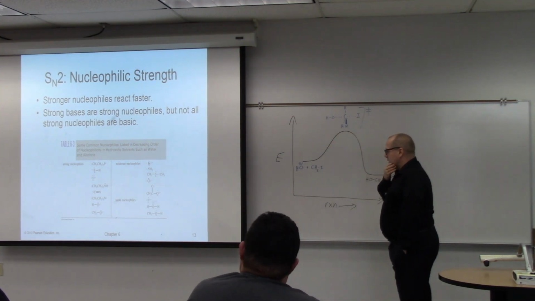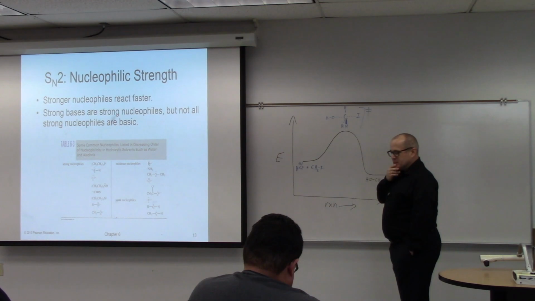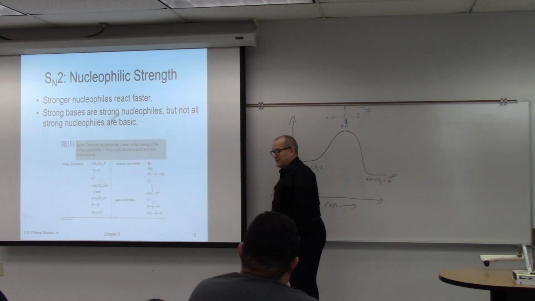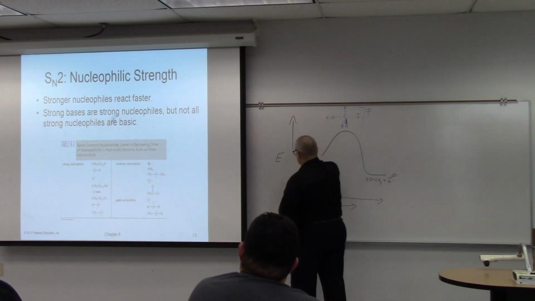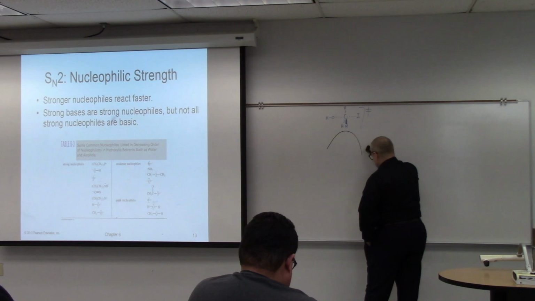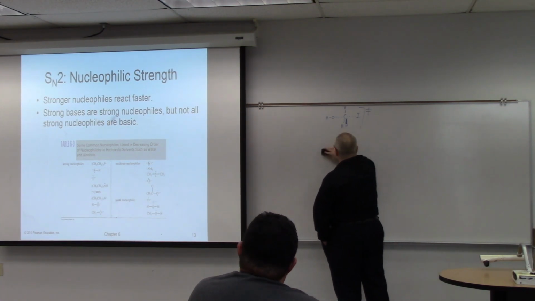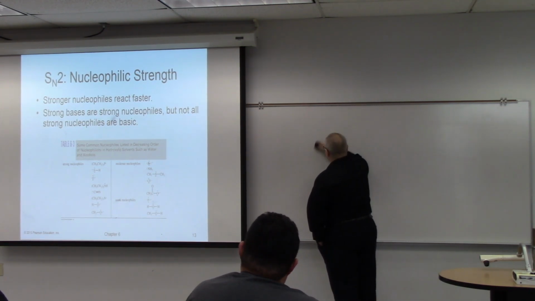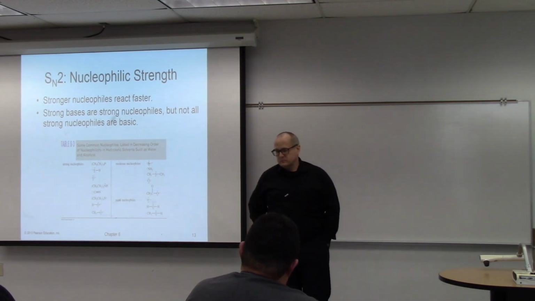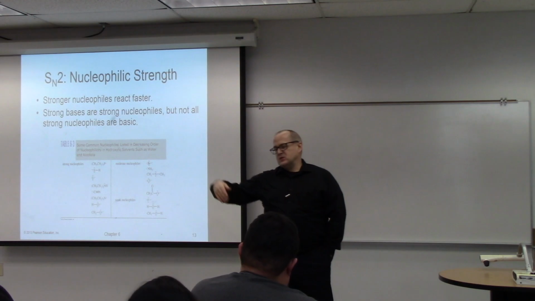All right. Strong nucleophile. Let's just talk about the strong ones. First rule, anything negative. Anything negative is probably going to behave as a strong nucleophile. So hydroxide, for example. Cyanide, CN-.